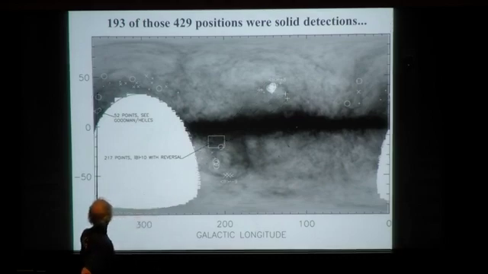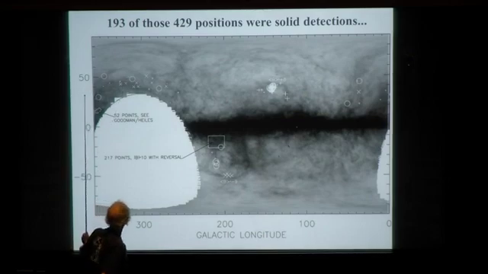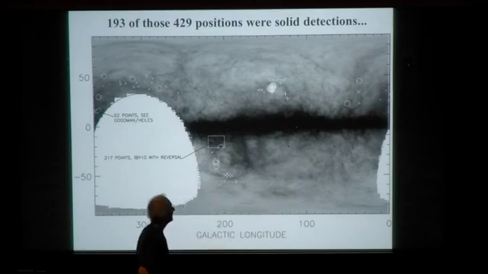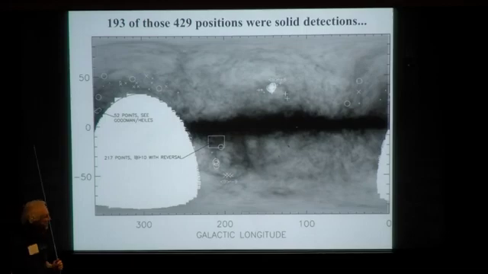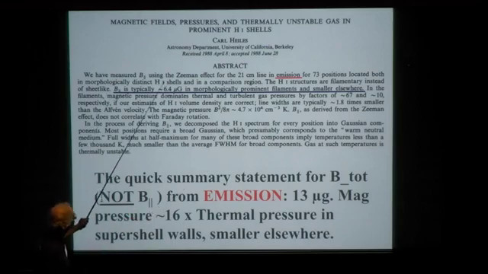This is the big North Polar Spur superbubble, which winds around over here. And wrote a paper about this, and found 73 positions located in morphologically distinct HI shells, and the shells look filamentary.